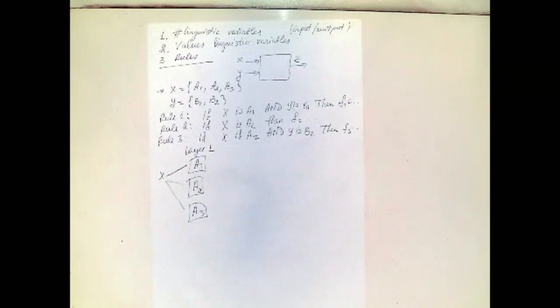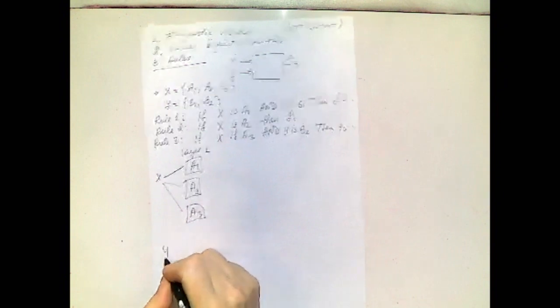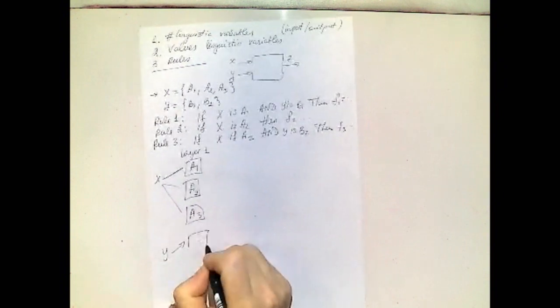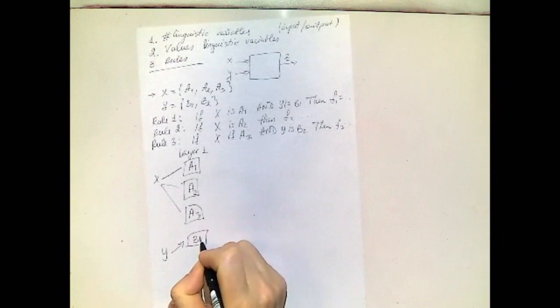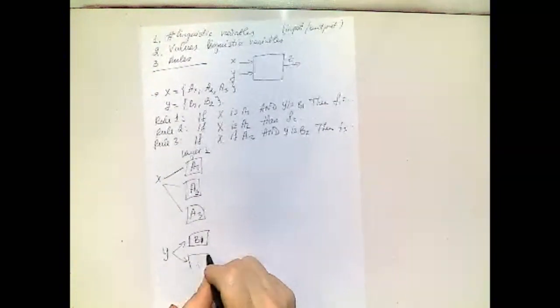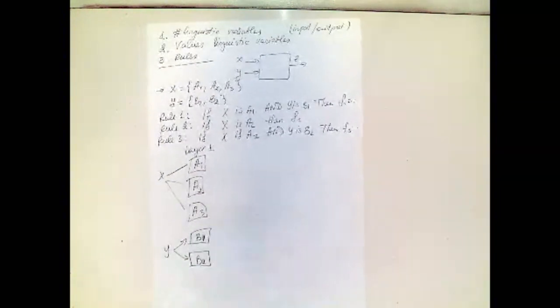And Y, in our case, will be B1 and B2. So our layer 1 is exactly the same as what I just lined up for X and Y variables.